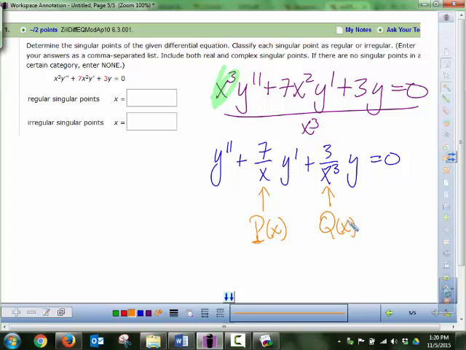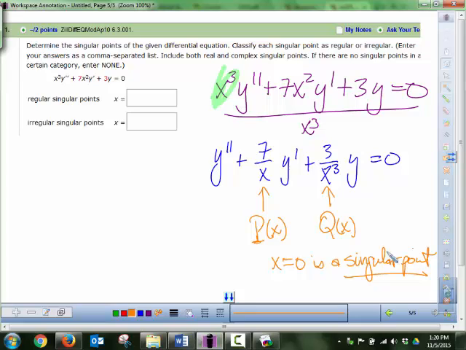And looking at P of x and Q of x, clearly having 0 in the denominator is an issue. So it looks like x equals 0 is a singular point. Okay?